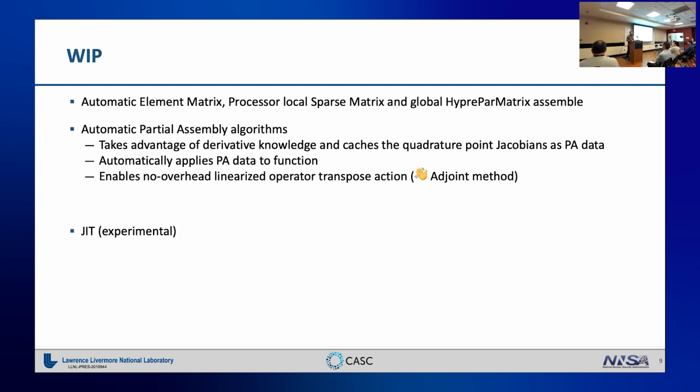So you will get the benefit of partial assembly on any operator that you write in DFAM by just using DFAM. It's not in the current state, but imagine you start writing a new integrator or operator in DFAM, and you might not even use the derivatives for it.